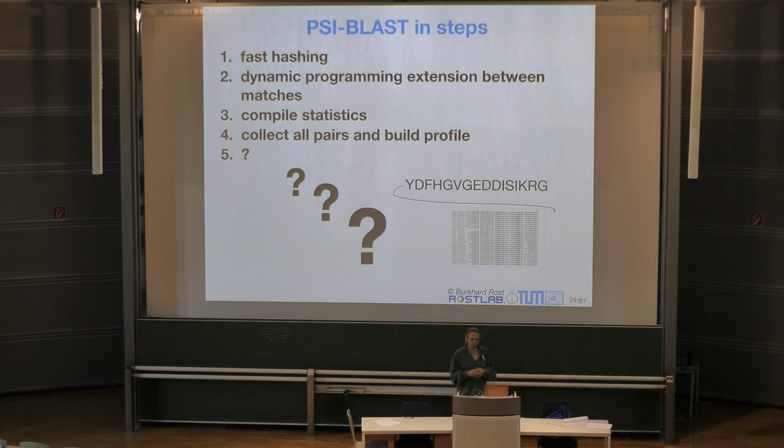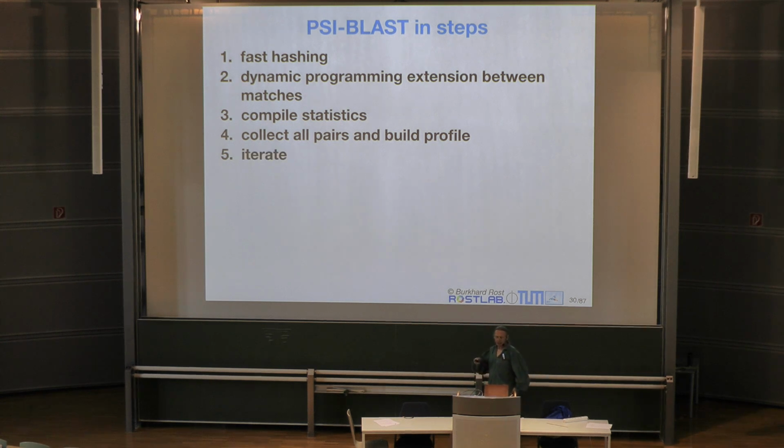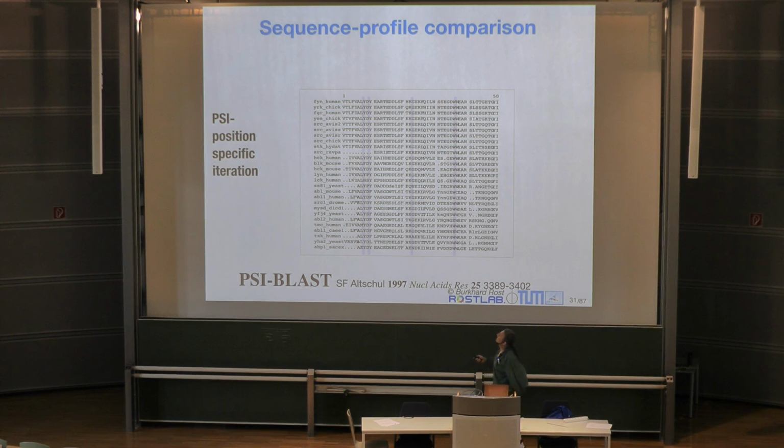If you had structure, you could do better. Anyway, you iterate over that, you repeat, and that ultimately is the reason for the word PSI-BLAST, a position-specific iteration of BLAST. So the second time you run with the first profile, and then you get more sequences in the second round, you refine the profile, and you run again and again until convergence.